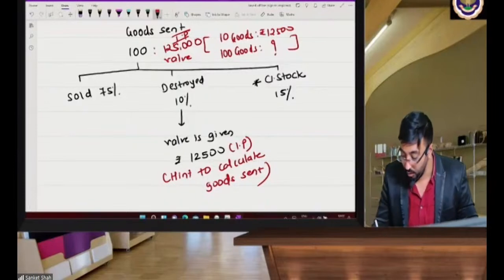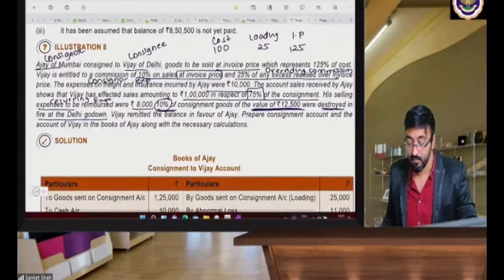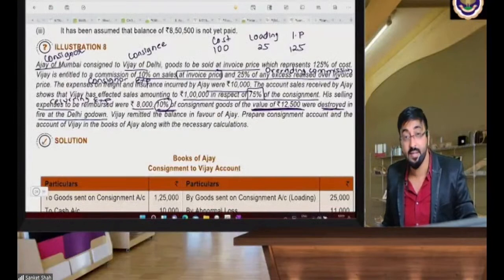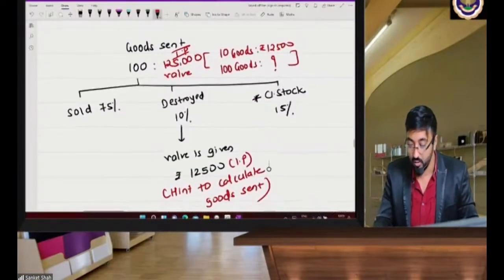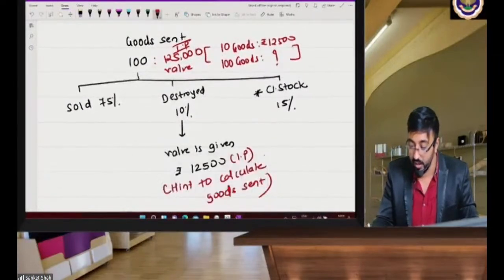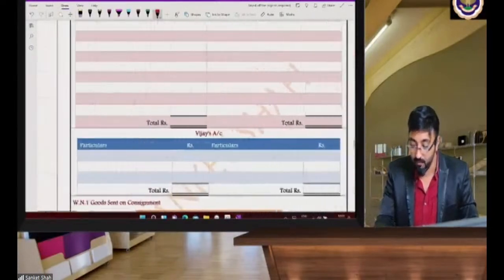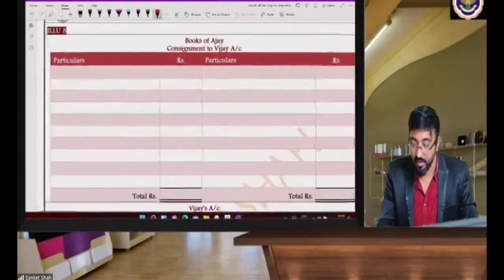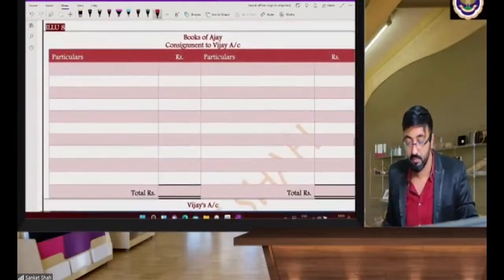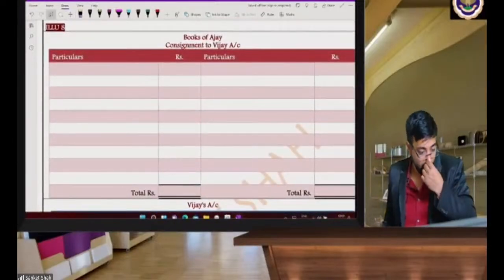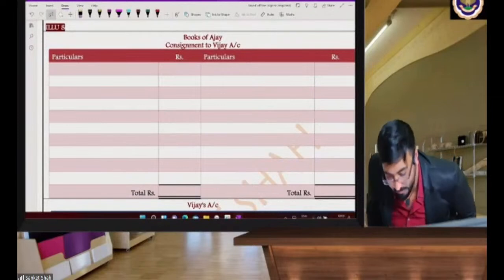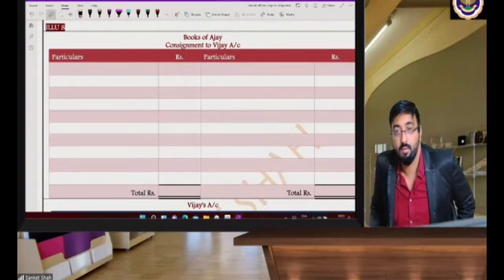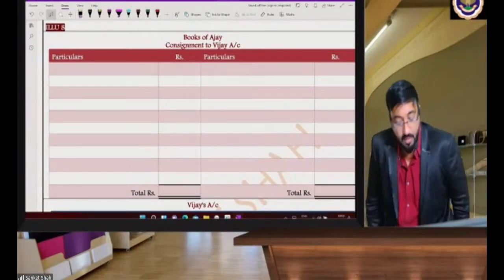Okay. So now you got the confidence. Yes, it's easy, sir. So write down. This chart is important. You can write it afterwards. First, understand. Write down books of Ajay. Particulars, rupees.